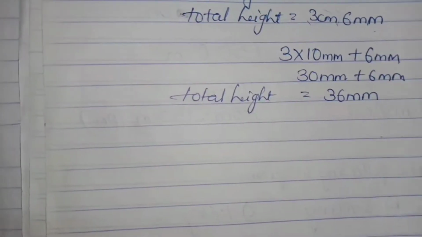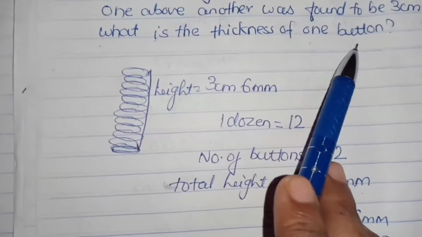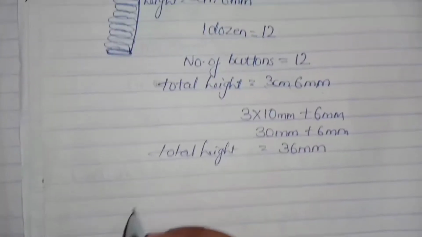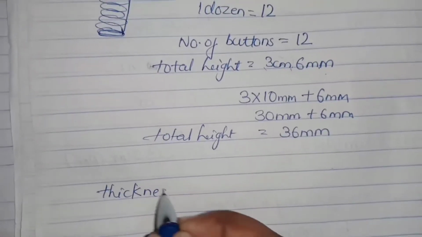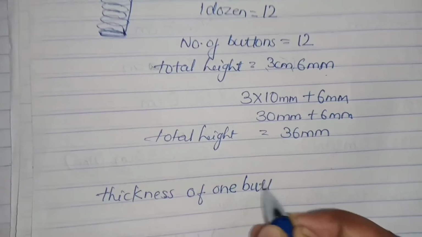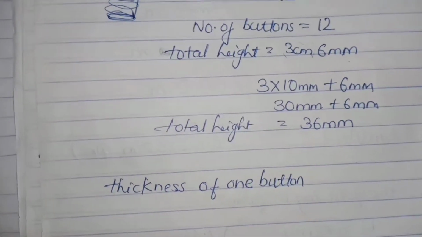Now what you have to do? We have to find the thickness. What is the question asking? What is the thickness of one button? Now what will we write here? The formula. If it is asking for coins, then instead of button you will write coins.